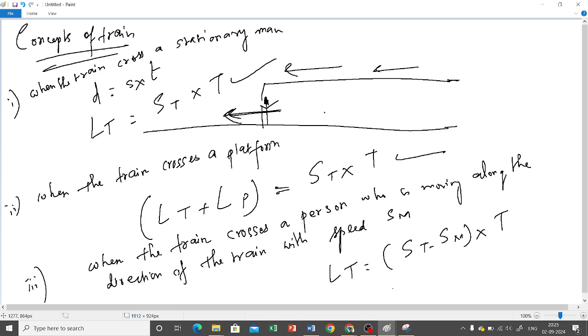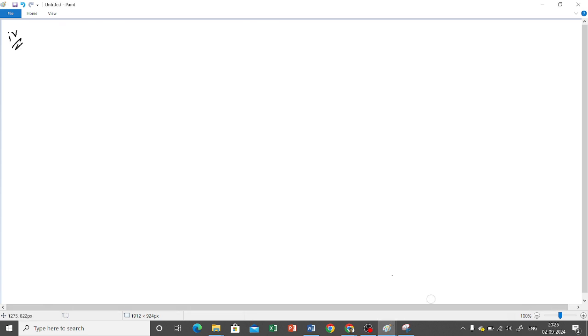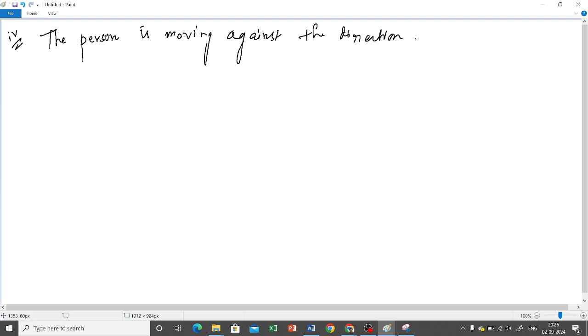Copy it. Yes, sir. Okay. Now the person is moving against the direction of the train.